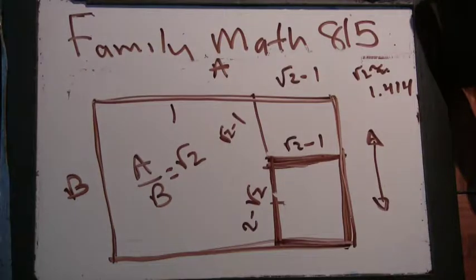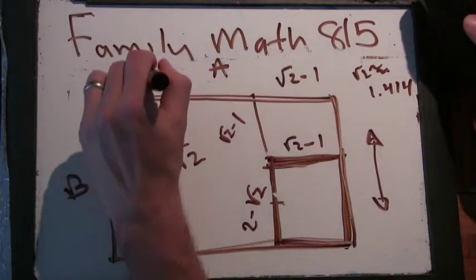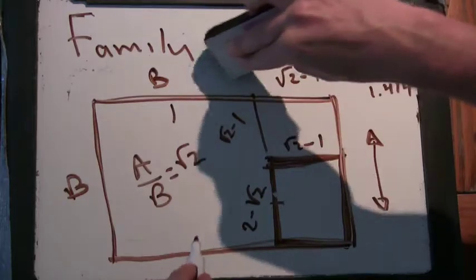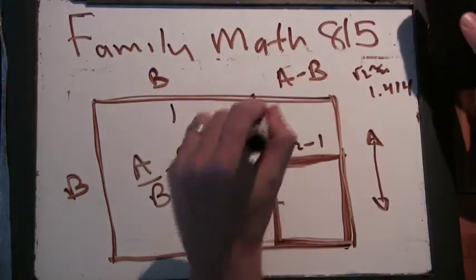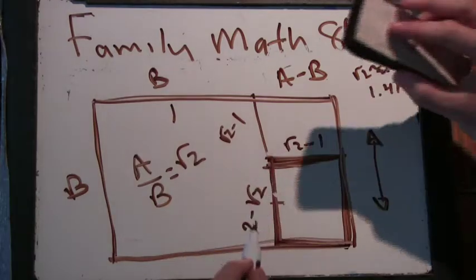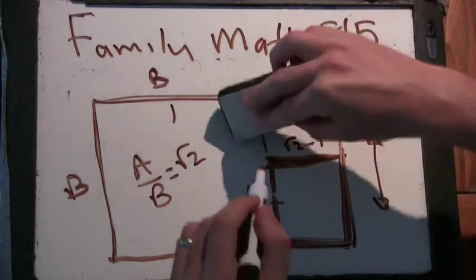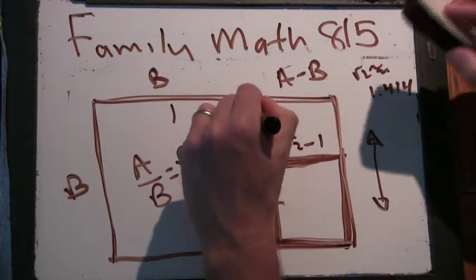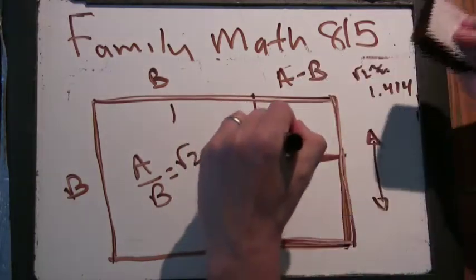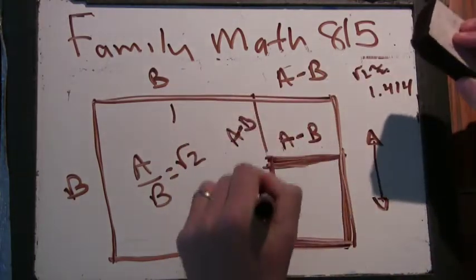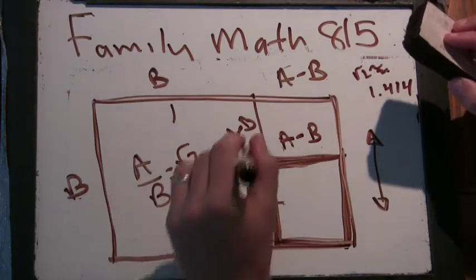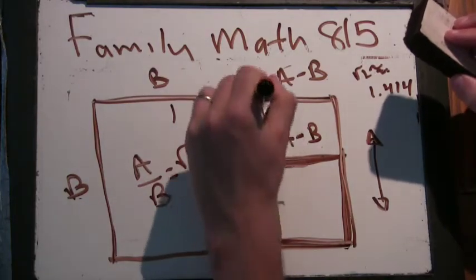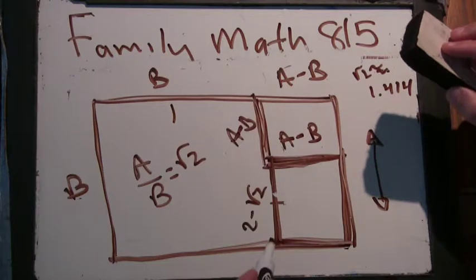So now this square here would become a b by b square, and this one here would be a minus b by a minus b. An integer minus an integer is always an integer. And then this rectangle here, well, let's see, it's b minus (a minus b). So that's going to be 2b.